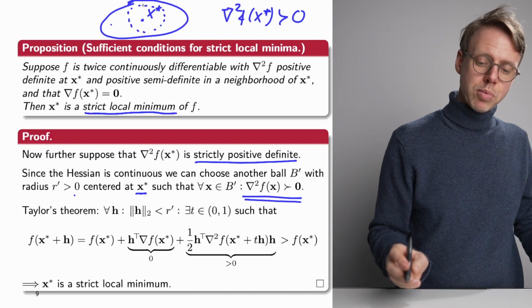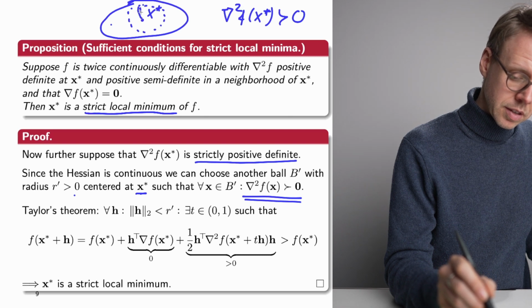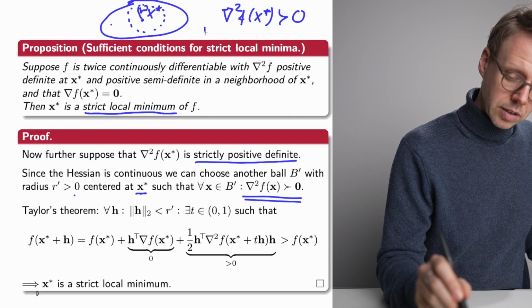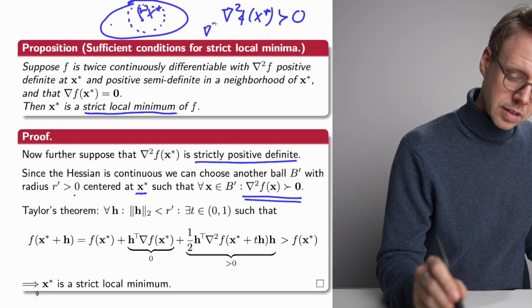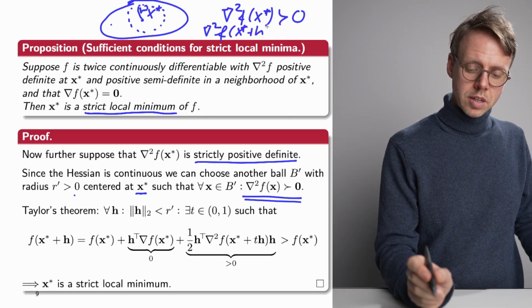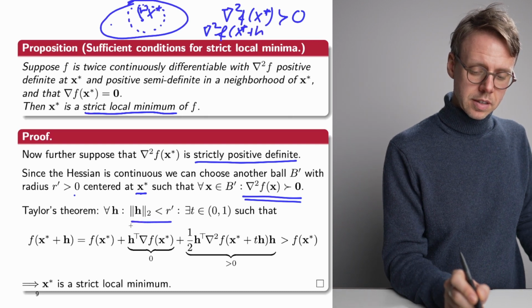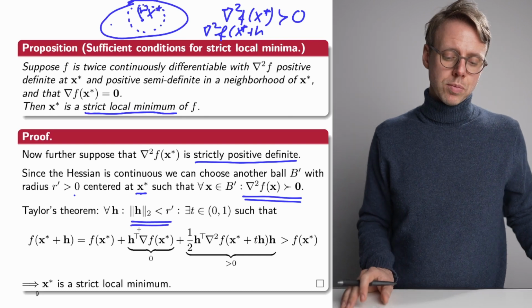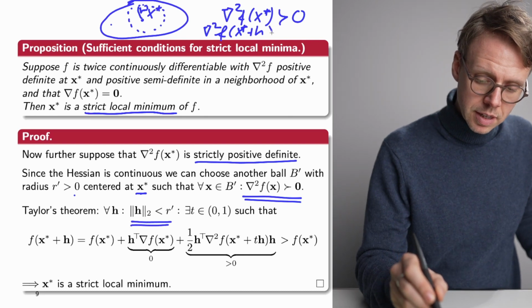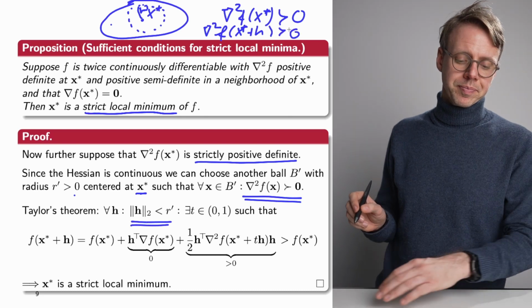So for any point in the radius r prime, the Hessian of f at x star plus h, where h now has a norm that is smaller than r prime, the Hessian is also positive definite.